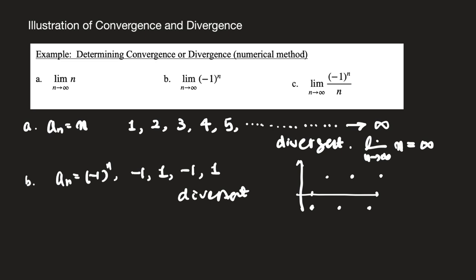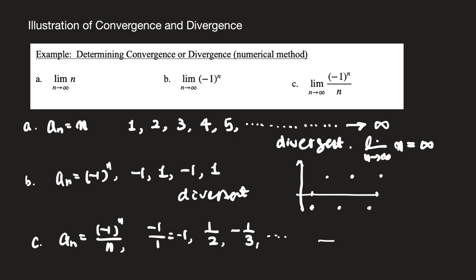That's alternating values. Example C: an is negative 1 to the n over n. Let's find the first term: negative 1 over 1. That's negative 1. Second term is 1 over 2. Third term is negative 1 over 3. This is also an alternating sequence. Guys, what kind of behavior is it as n is getting increasing? What's going to happen to each term? So you keep going, guys.